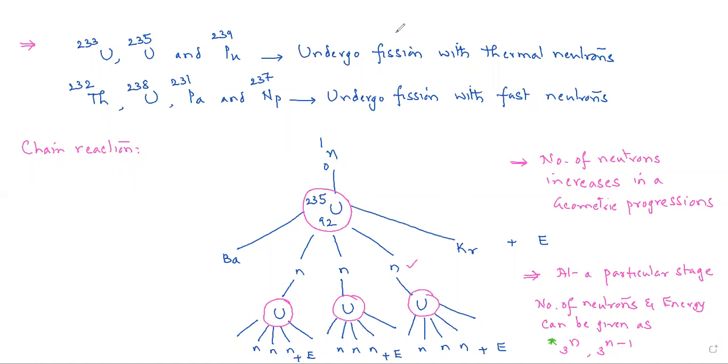This, of course, is the principle involved in the atom bomb. This chain reaction can, of course, be controlled for peaceful purposes, like for the production of electricity. Let's see.